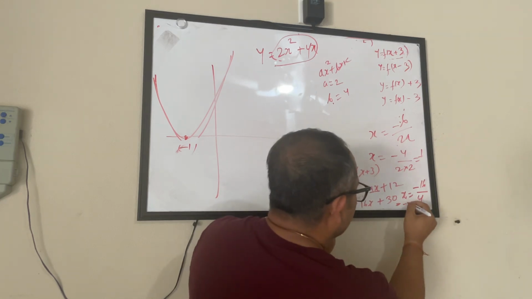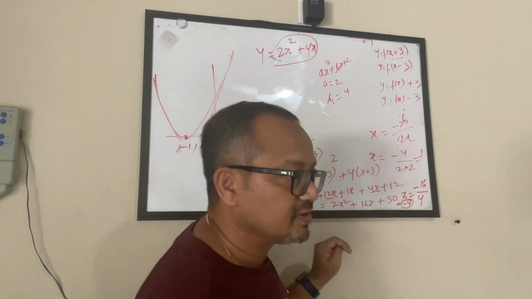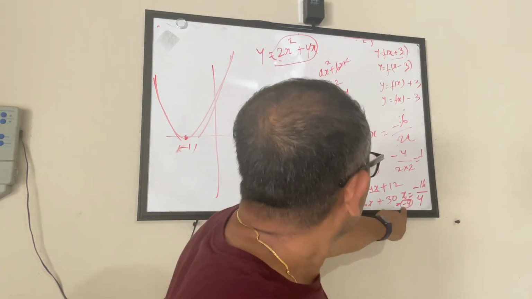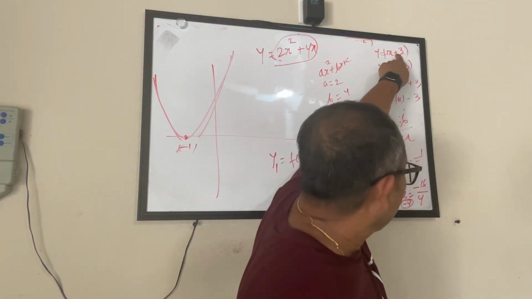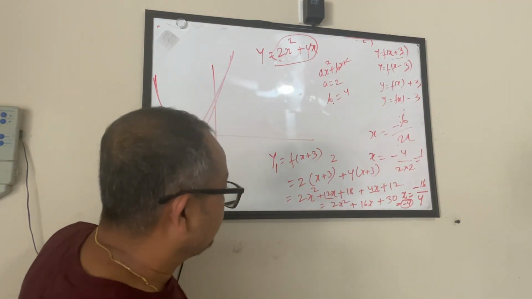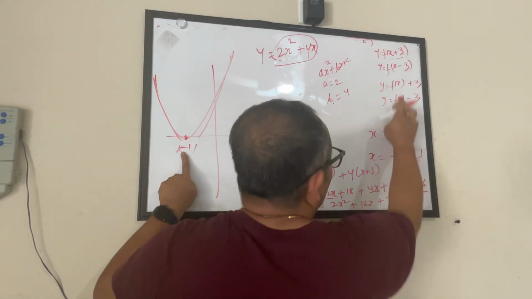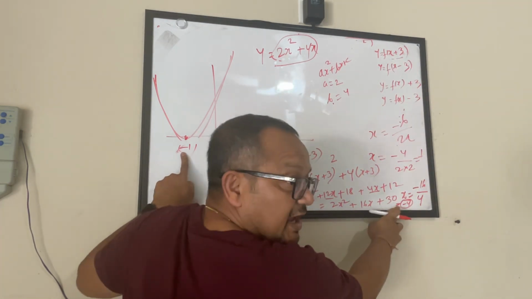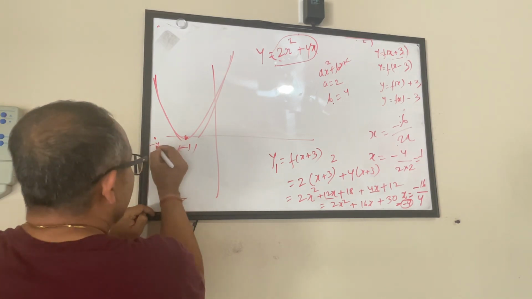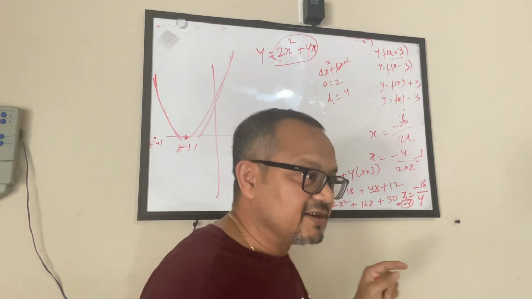So it is minus 4. Now, what happened? When my vertex was minus 1, I put x plus 3. It moved from minus 1 to minus 4. My x coordinate moved by minus 3.